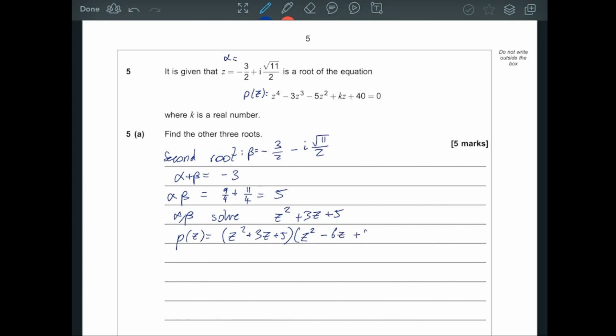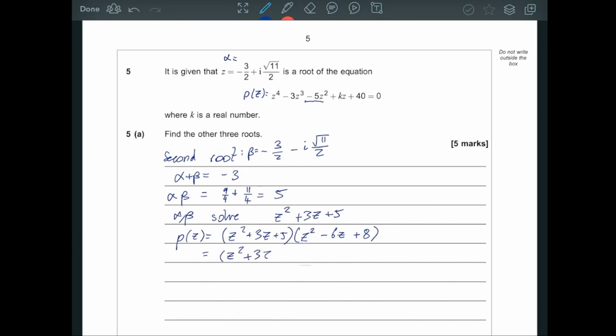I'm going to cheat and jump straight to the back coefficient. I need to multiply to 40 at the back, 5 times something. I want to check the z squared term. The z squared term is 8 minus 18, which is minus 10, plus 5 is minus 5, which does match. It's a good little bit of exam technique there to check whichever term that you haven't used.